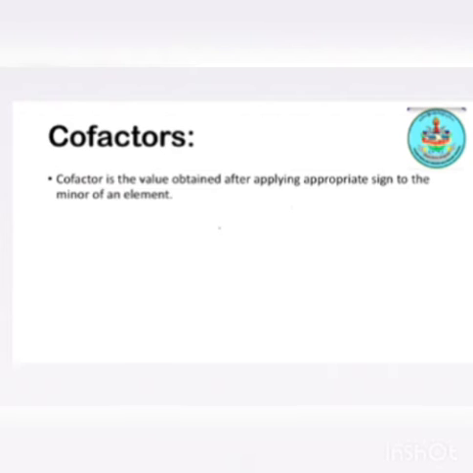So we represent cofactor as capital Aij, which is -1 to the power i plus j, times Mij. We are multiplying with the minor.